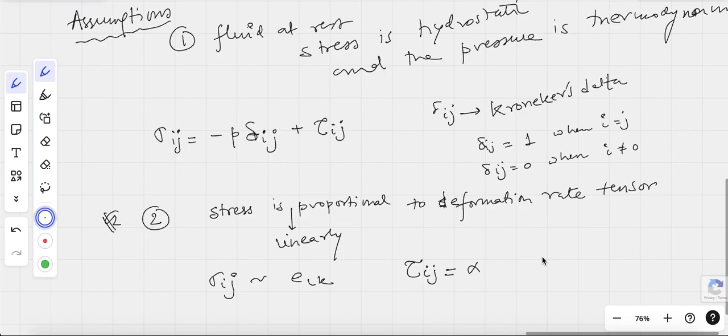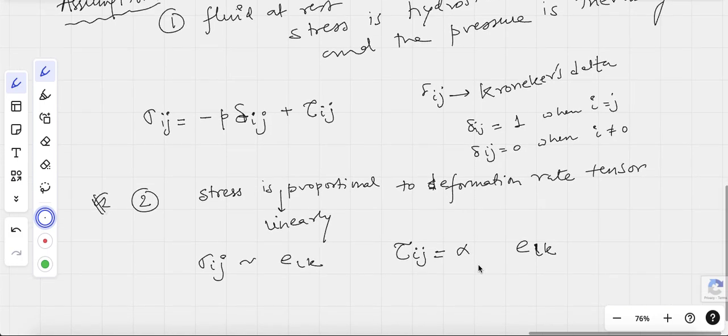the proportionality constant, something called alpha. This is a tensor of rank 2, and this is another tensor of rank 2.